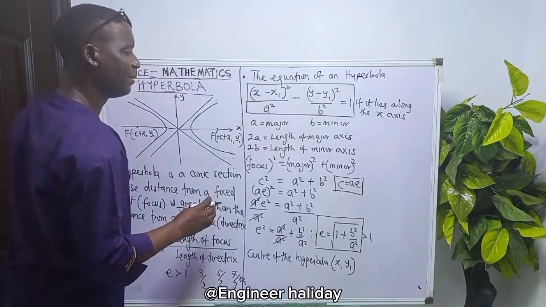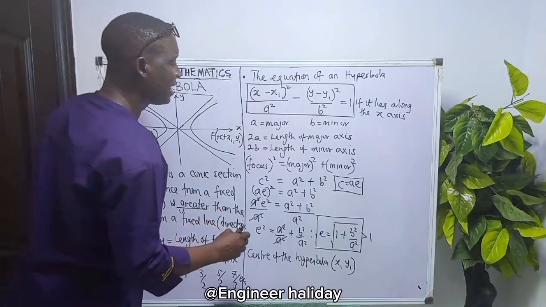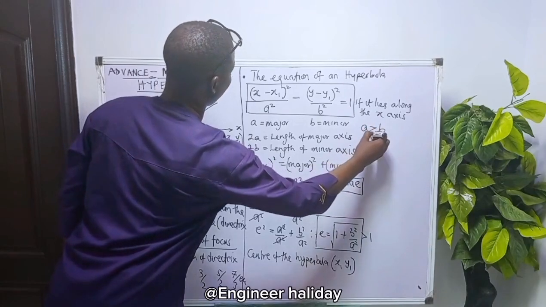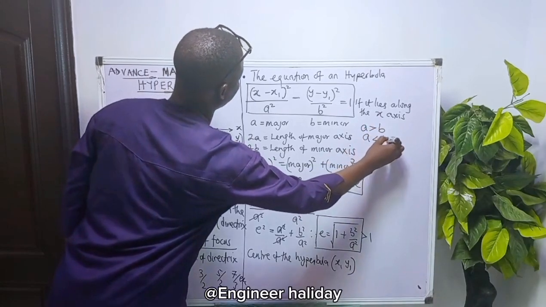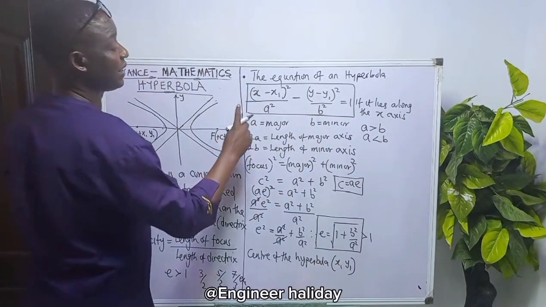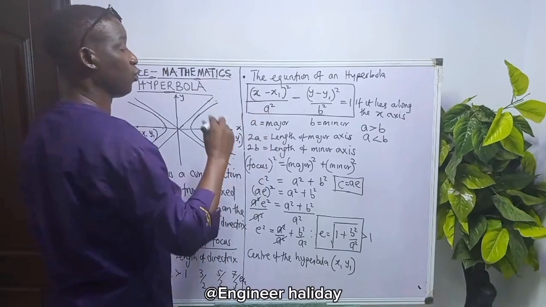Another important point is that a can be greater than b, or a can be less than b. It does not matter; the term that comes first is what matters.